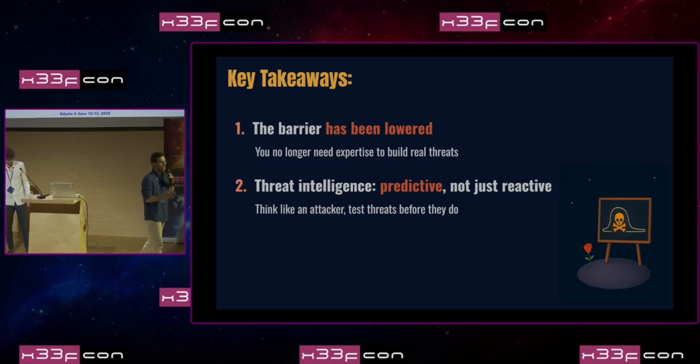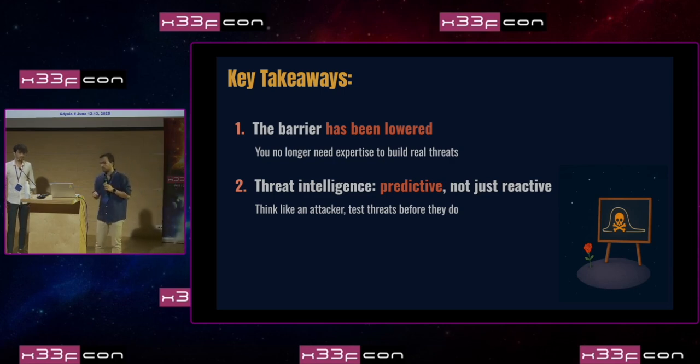Because today, studying what has happened is not enough. Of course, it's critical to uncover threat actors' activity and stop breaches. But we also need to think like attackers and test threats before they are actually used against us. This is how we can stay ahead of the curve in this fast-changing, AI-driven threat landscape.